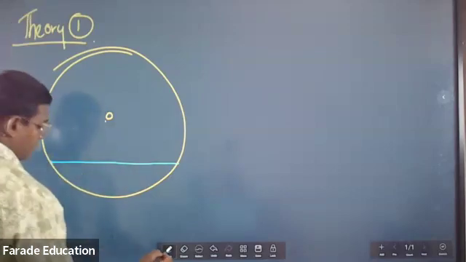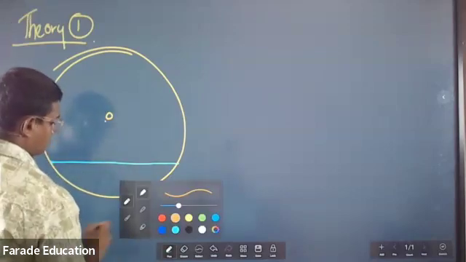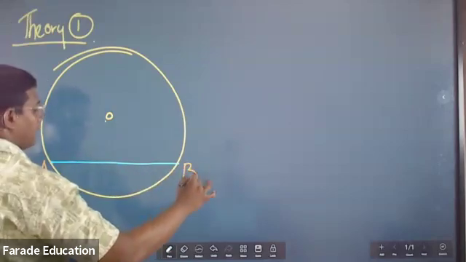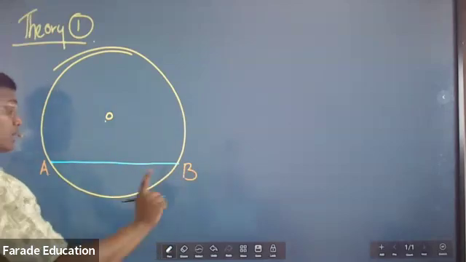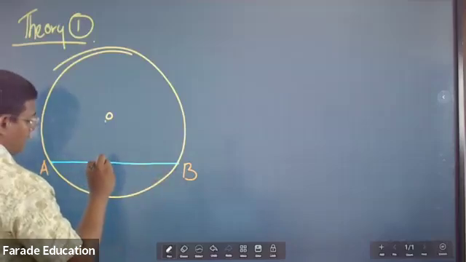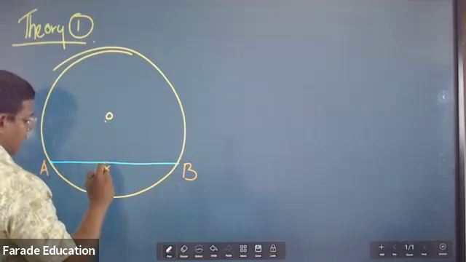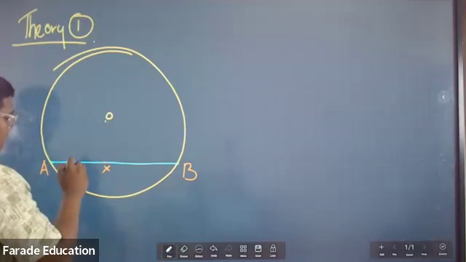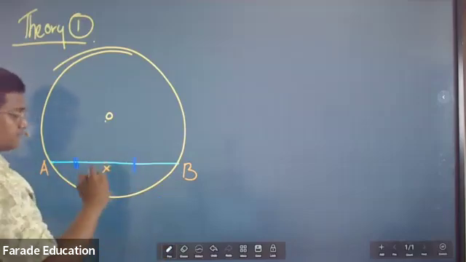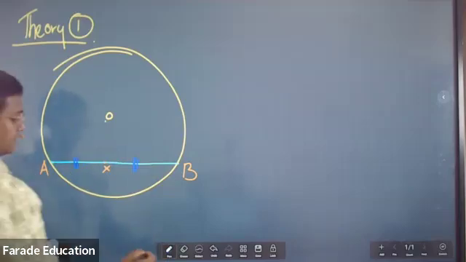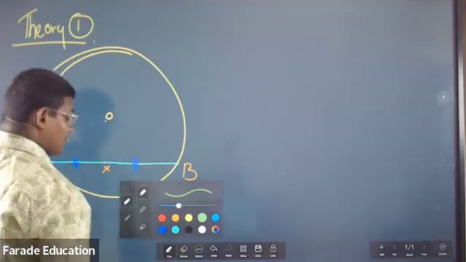So here, I will name this A and B. I will measure the length and mark a point at the center. This can be X. If that's the center, these two are equal. I hope you can see the color. What does the theory say?